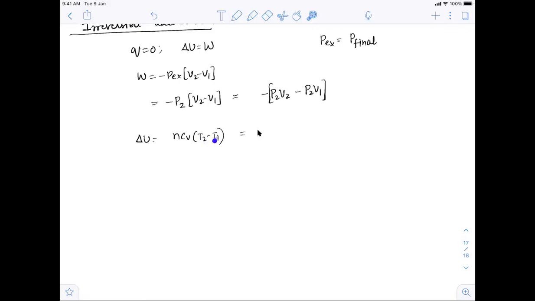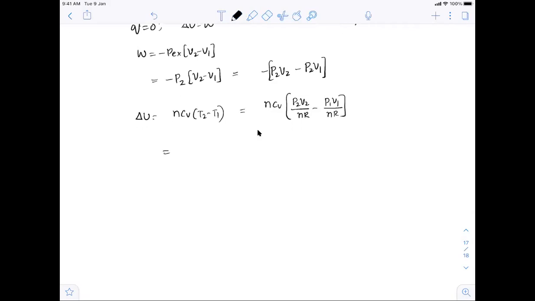T2 minus T1 can also be written as n Cv into P2 V2 by nR minus P1 V1 by nR, which, if you cancel that R part, gives Cv by R into P2 V2 minus P1 V1. And Cv by R is nothing but 1 by gamma minus 1 into P2 V2 minus P1 V1.